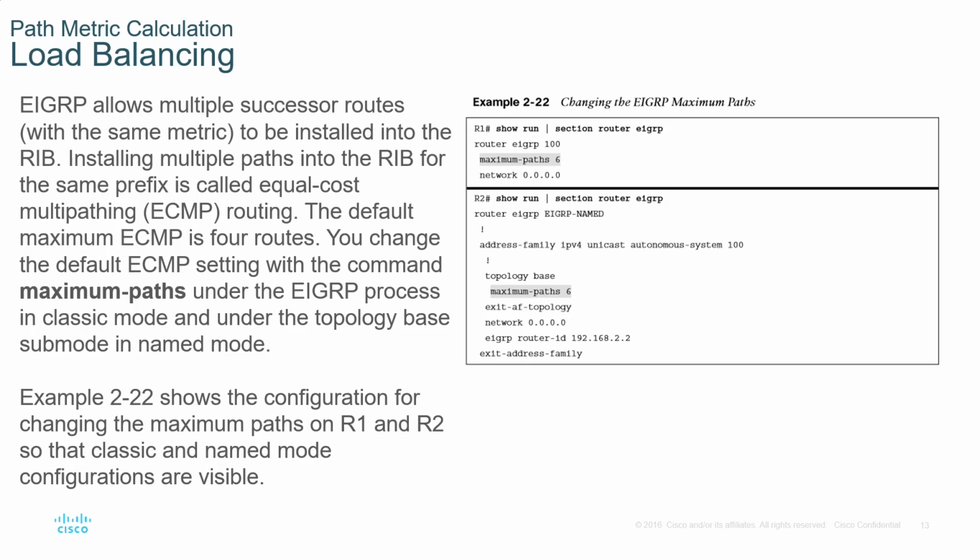If you have a look, it's very easy on the classic. Just go in the router EIGRP, maximum paths, and the new value. With our extended one, our named, we need to go into topology base and then adjust it there.